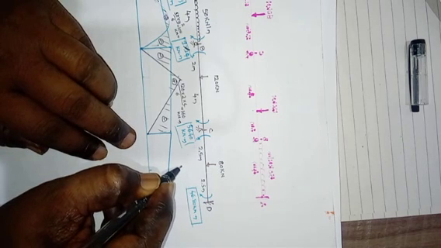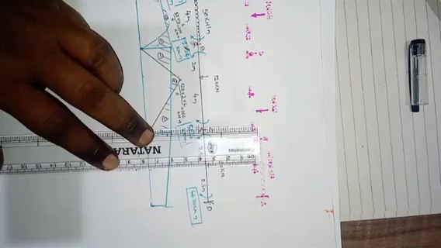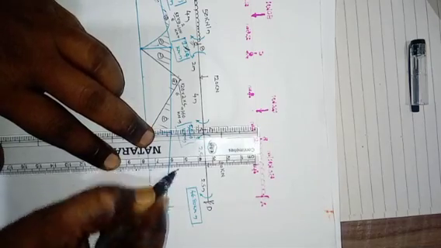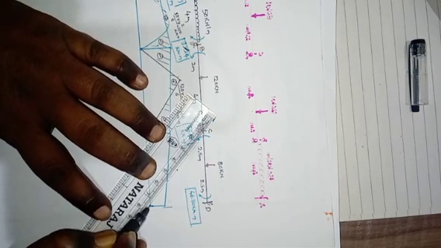Then you have to show the negative bending moment at the support. Below the point load, the bending moment is maximum. By joining these two ordinates, at the support the bending moment is 0.